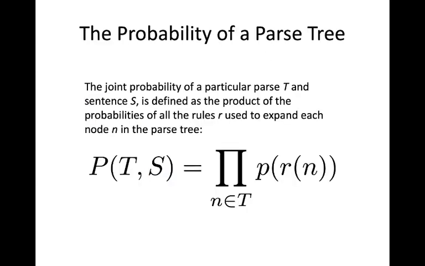Here is the important part. The probability of a parse tree under a probabilistic context-free grammar, or the joint probability of the parse tree and the sentence, is equal to the product of the probabilities of all the rules R used to expand nodes N in the parse tree.